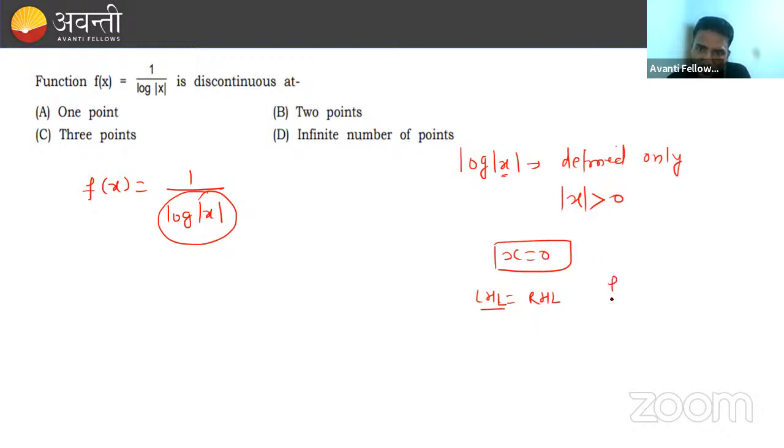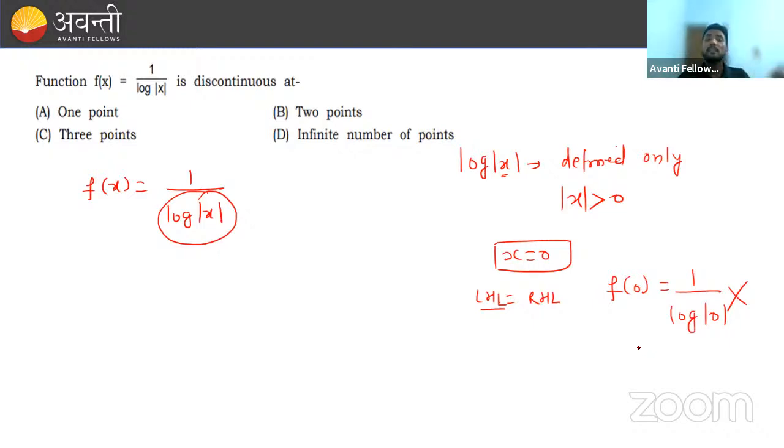But if you have to find f of 0, how can you take 1 by log of 0? It will be not defined. So LHL, RHL, there is no problem, but if you find the exact value of f of 0, it will be not defined, because log 0 is not defined.